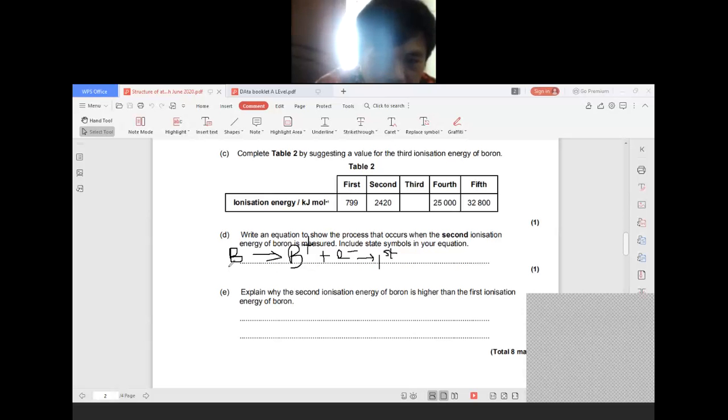And then for the second, boron plus becomes boron 2 plus and an electron, and this one is the second.